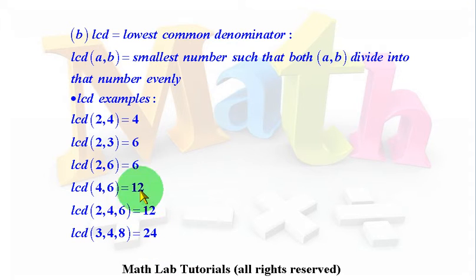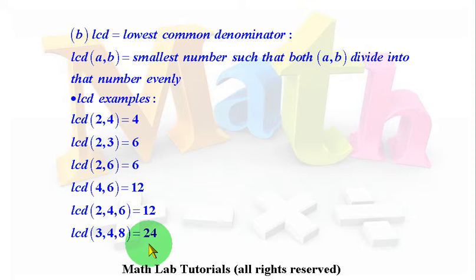These days, modern calculators will actually calculate LCDs of numbers for you. You just have to have a good scientific calculator. There are processes in place to calculate LCDs of large numbers, ones that you can't easily guess, but we won't look at those right now because that's not really the idea.